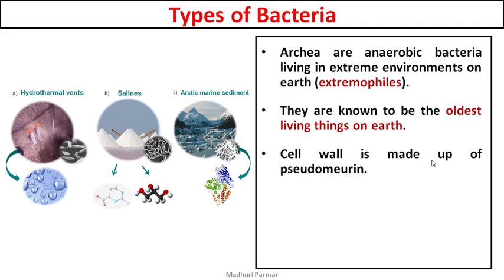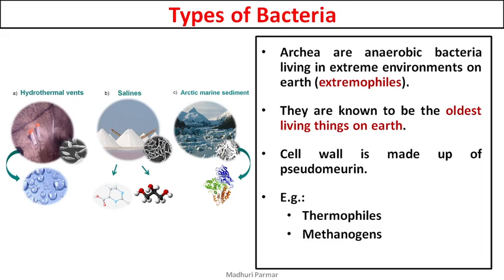Their cell wall is made up of pseudomurein. If you can remember this, very good. If not, it's okay. But the cell wall is made up of pseudomurein. Examples are thermophiles. Thermo means temperature, phile means to love, so they love high temperatures. Then methanogens. Methanogens produce methane. They decompose and produce methane.